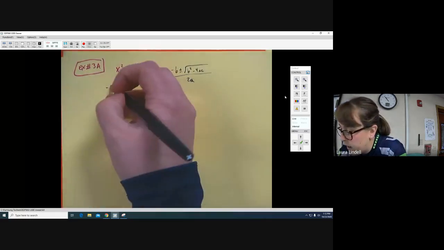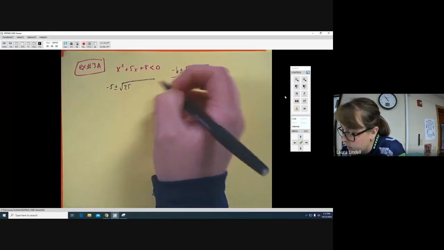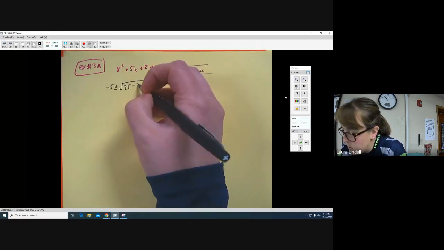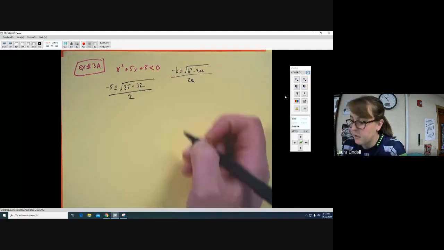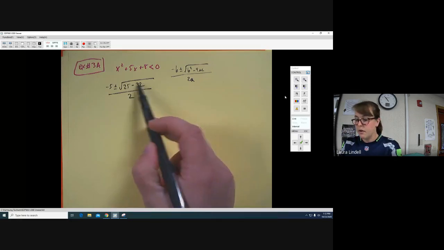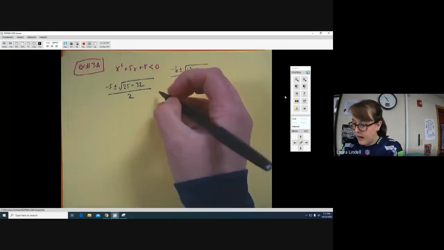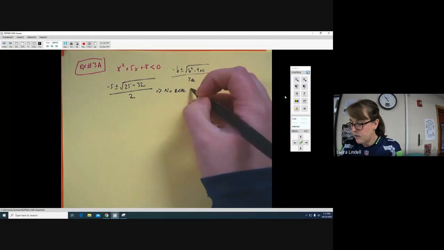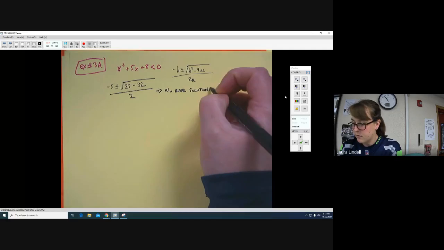So negative 5 plus or minus the square root of 5 squared, which is 25, minus 4ac, so that would be 4 times 8, which is 32. And we can pretty much stop right there, but 2a would also be 2. We can stop right there because notice that the number under the square root is going to be negative, which is going to tell me that I have no real solutions. No real number solutions.